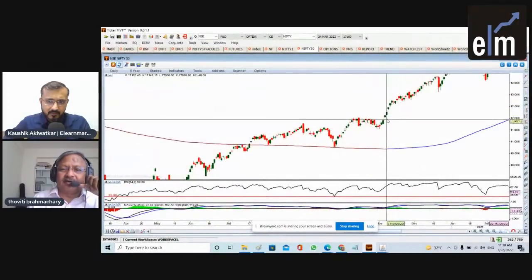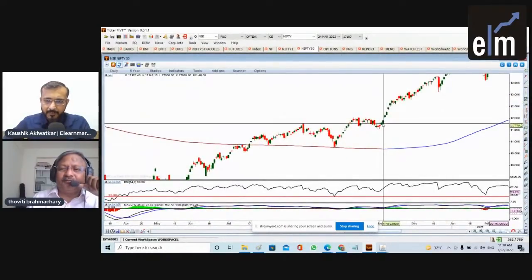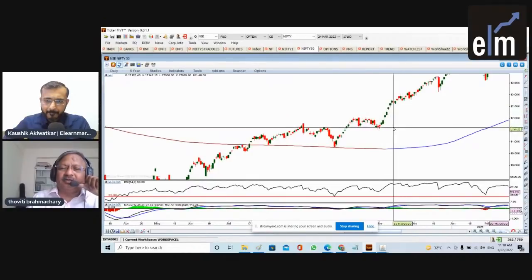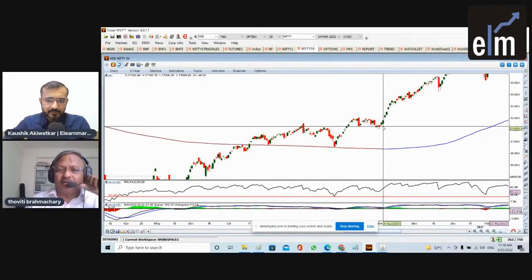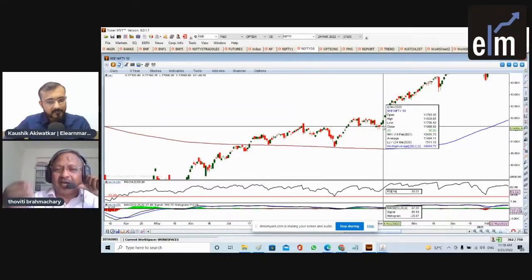Look at these gaps in an uptrend. Are you fearful of these gaps? No, because if your trade is in the direction of the market, the gaps will be an advantage for you. If you trade against the market direction, then the gaps will hurt you.